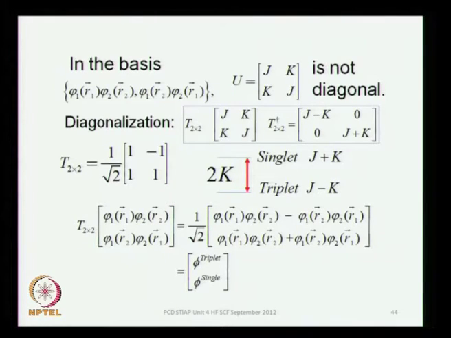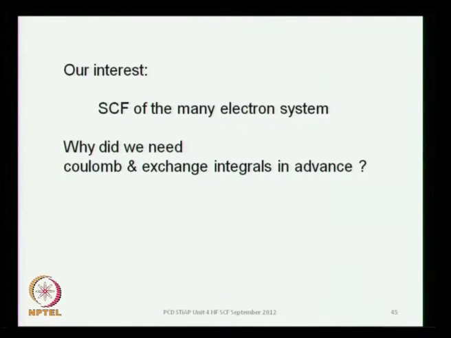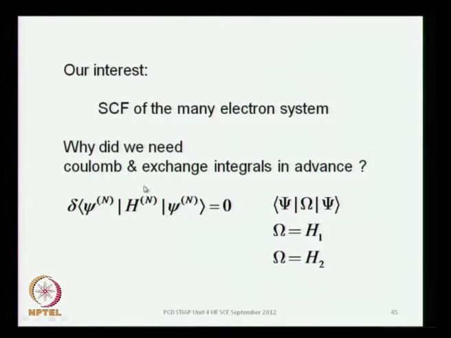So, these are the Coulomb and the exchange integrals, and we will be using them very extensively in our discussion. So, the main reason to spend some time on just the 2 electron system and develop these expressions for the Coulomb and the exchange integrals is because our objective in the self consistent field method is to find the variation in the expectation value of the n electron Hamiltonian in the n electron wave function, vary it and seek an extremum.